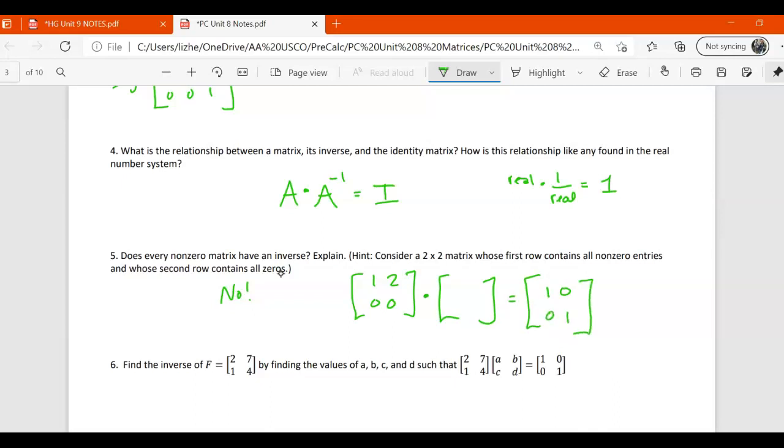Because no matter what you do, you cannot create a 1 down here. It will be impossible. I'll leave that to you to try. So anyhow, not every matrix has an inverse.